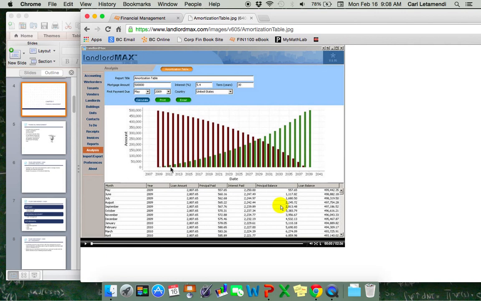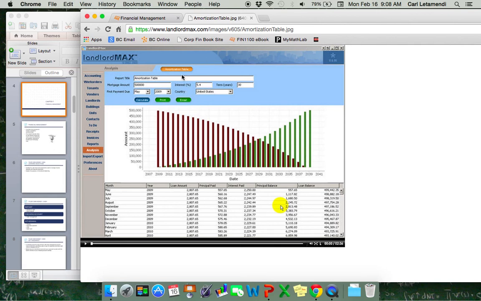And then you see that the green goes a little higher and higher and higher. So now there's a point at which in 2029 the amount of the interest goes down every month and the principal goes up. So now this is a fixed term mortgage, by the way, okay?